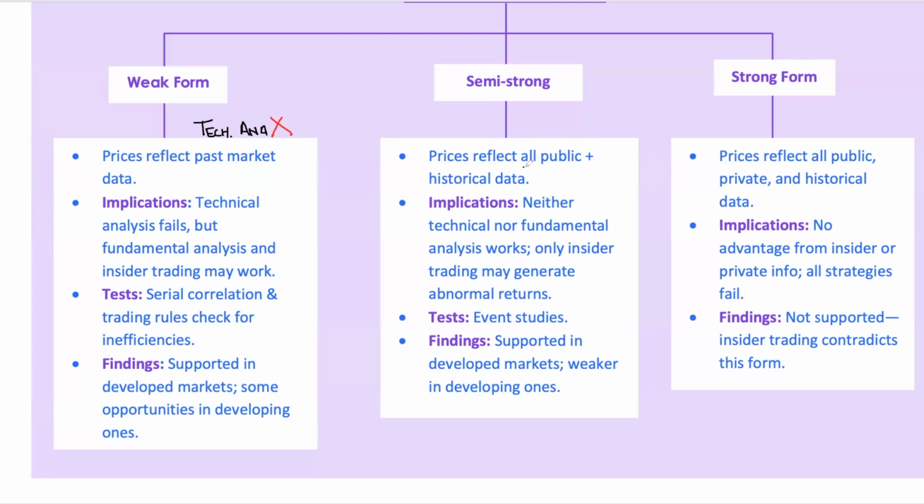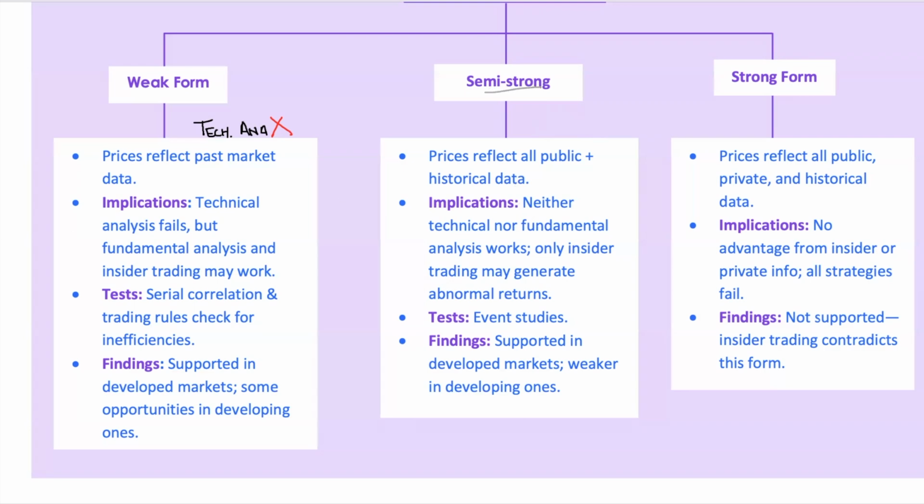Like pretty much anything that's out there in the public domain. So if you're trying to analyze financial statements to find undervalued gems, here's the catch. You're probably not the first person to see that info. In a semi-strong market, the second public info is released, the market reacts fast. By the time you click buy, the price has already moved.